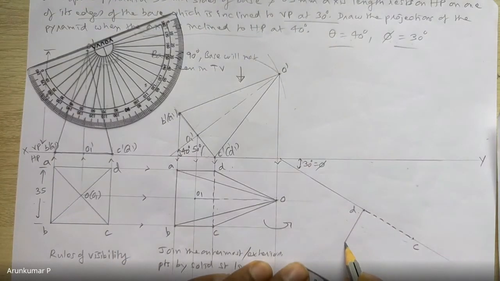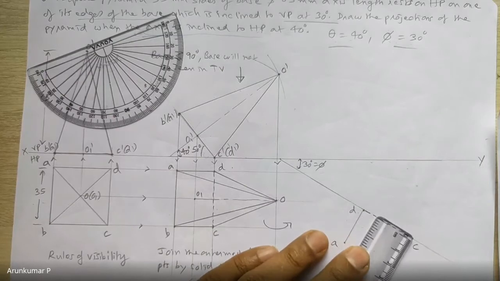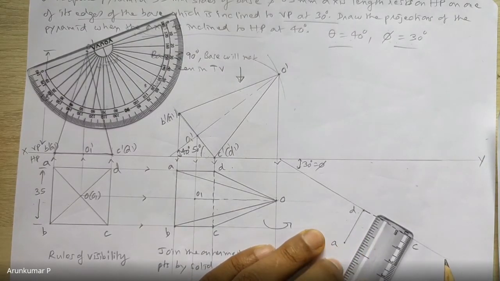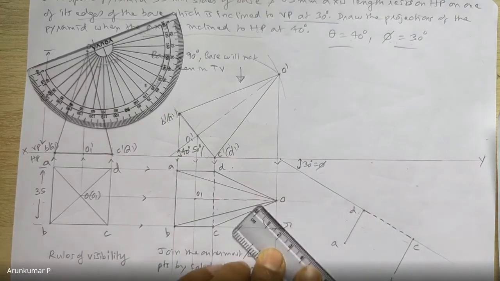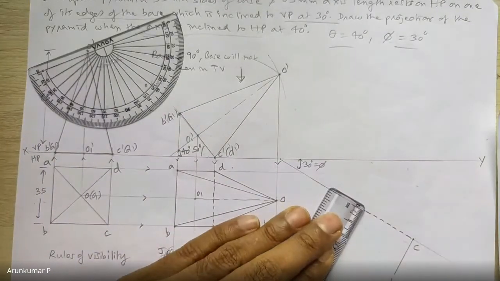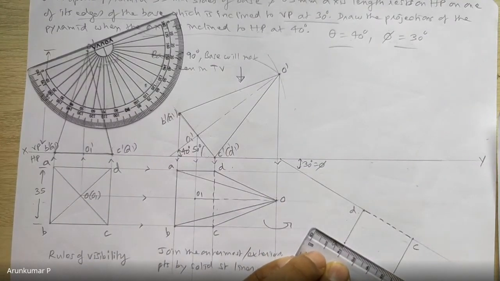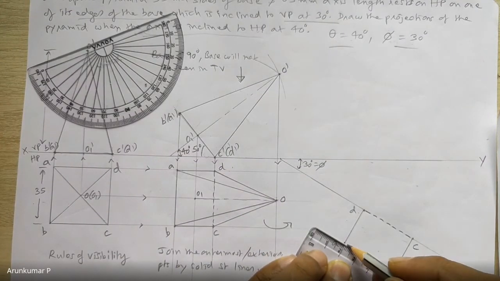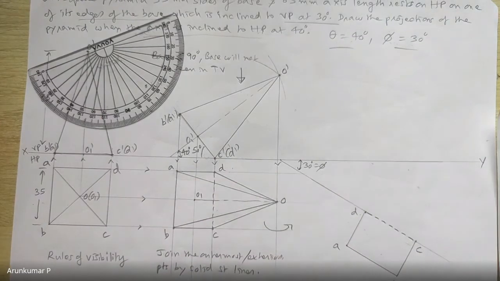So this would be A, and this would be B. You can measure this 24 mm and transfer it here. So I have all the four corners with me. Done. Now the only thing I have to locate is O. For that I can use a rounder.